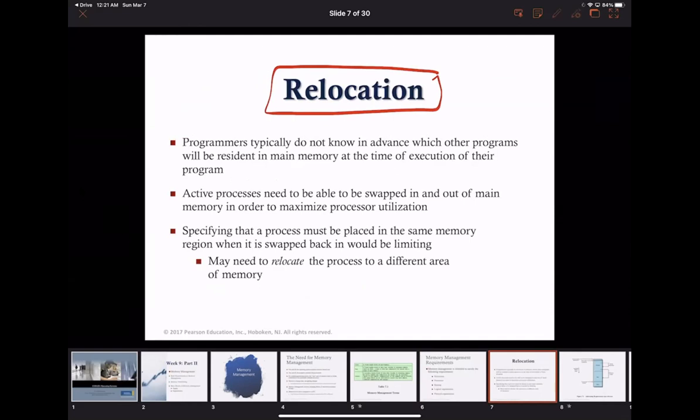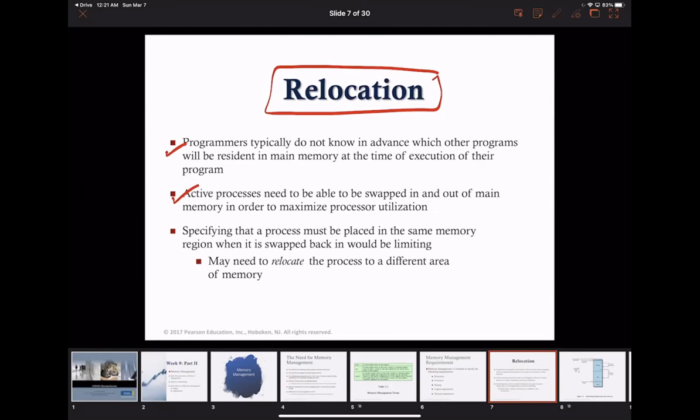Typically, it's not possible for the programmer to know in advance which other programs will be present in the main memory at the time of execution of his or her program. In addition, we would like to be able to swap active processes in and out of main memory to maximize processor utilization, and this could be done by providing a pool of ready processes to execute.